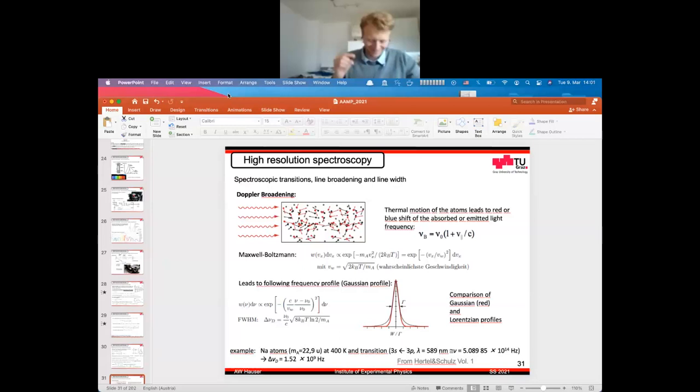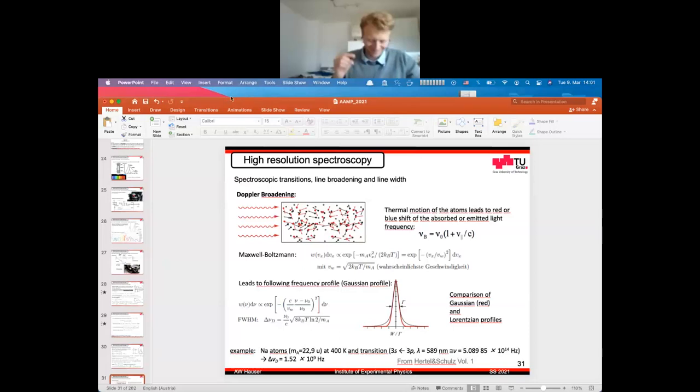So you have a tau I and a tau K, and the width depends then on both, and you can see how the uncertainties add up, because you have a 1 over tau K, the lifespan of the upper state inverted, and here the lifespan of the ground state or initial state inverted, and this in sum gives you the broadening.